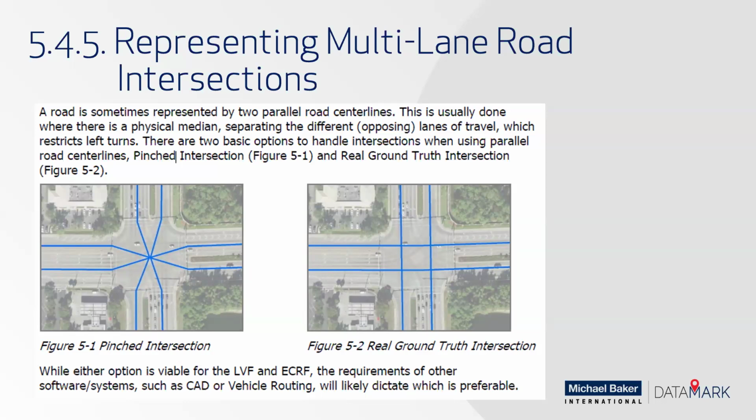And it states there in the last sentence, while either option is viable for the LVF and ECRF, the requirements of other software and systems such as CAD or vehicle routing will likely dictate which is preferable. Also, the preferences of the previous data owner that made choices that you have to kind of live with will have bearing as well.